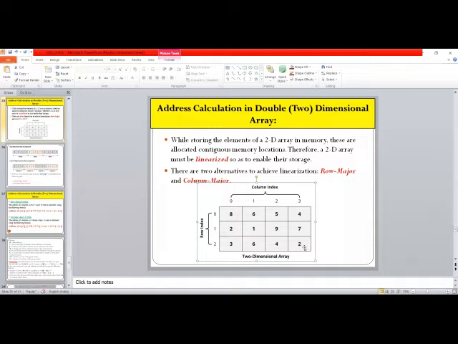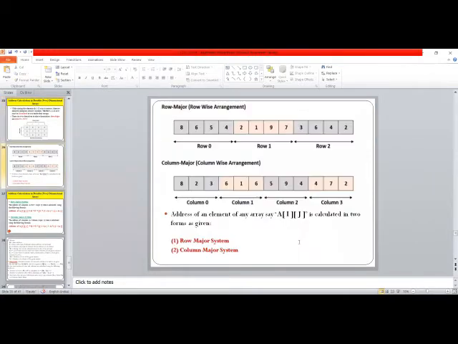Row wise means 8654 will be stored first. Then after 4, 2197 will be stored. And after 7, 3642 will be stored. You can observe here 8654, then 2197 and then 3642.